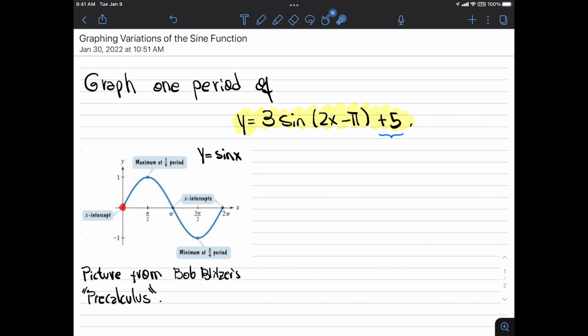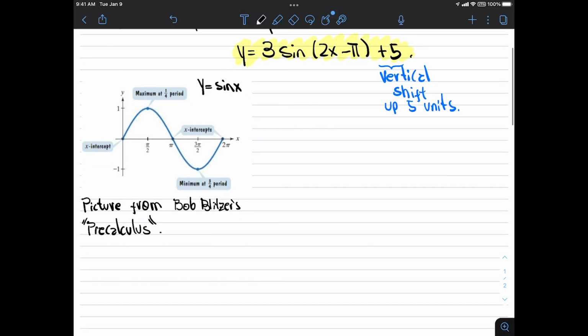So instead of this being at 0, this is going to happen at 5, all the way up there. So this is our vertical shift. I'll say up 5 units. So our starting point will not be 0, 0, it will be 0, 5. So that's how I begin.